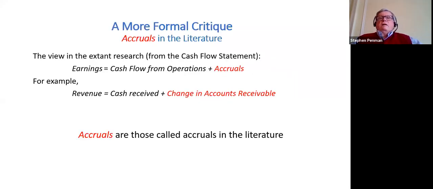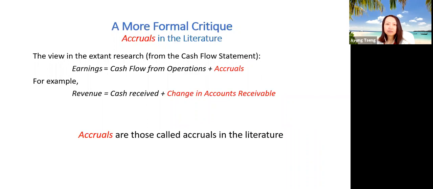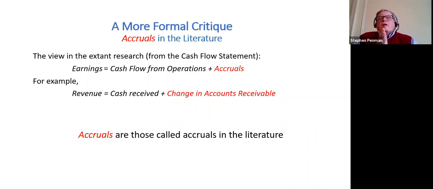Okay, so here we'll do this a little more formally. What I'm going to use in this presentation, when you see accruals in red, this is the accruals as measured in the research, the changes in the balance sheet, okay? This is the way it's usually set up, but the papers usually start with this. Earnings is cash flow from operations plus accruals, okay?